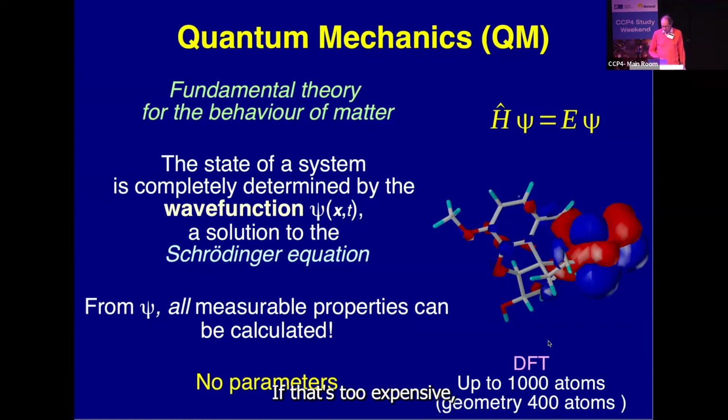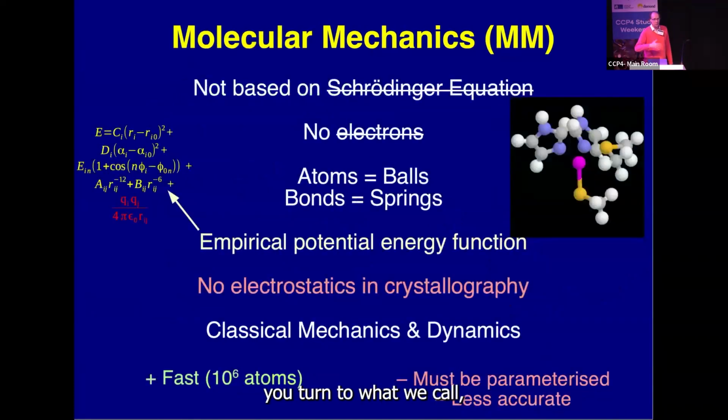If that's too expensive, you turn to what we call molecular mechanics methods. Then you don't care about the Schrödinger equation, you don't care about electrons. You consider your molecule as balls and springs, essentially. And then you have the empirical potential energy function, which could be, in principle, any function that gives you the energy as a function of the coordinates.